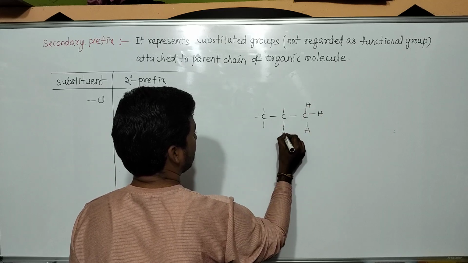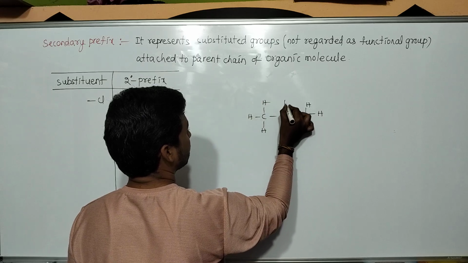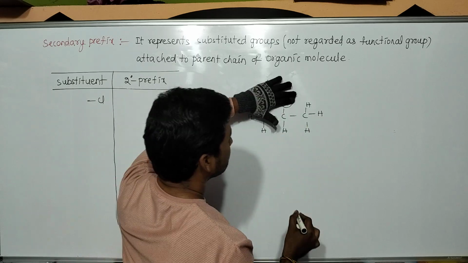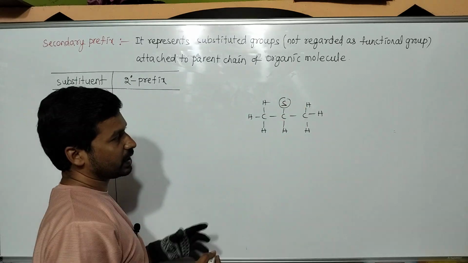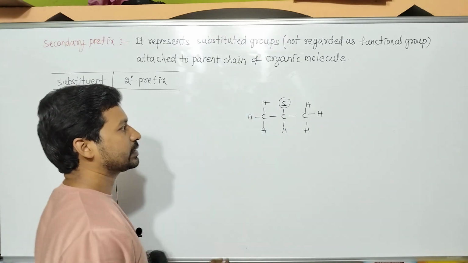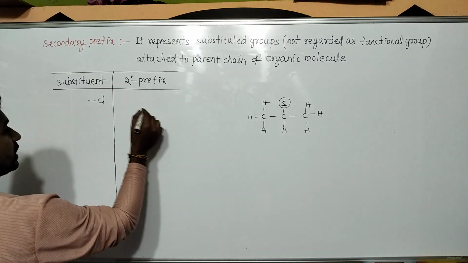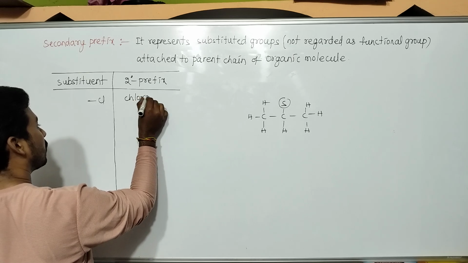If any one hydrogen is replaced by some atom or group other than hydrogen, that is called a substituent. So if chlorine substitutes hydrogen, we use the secondary prefix chloro.